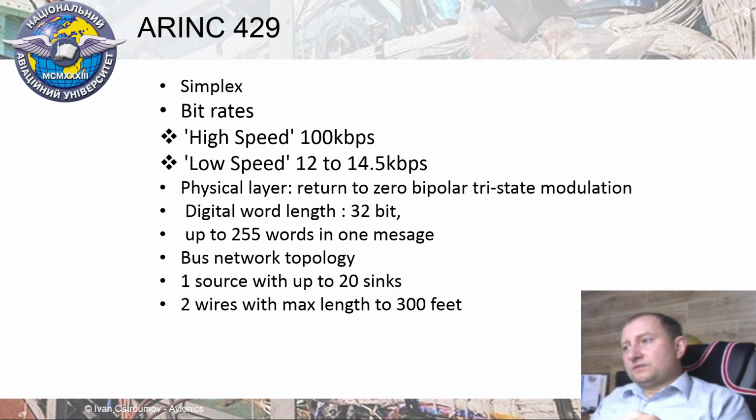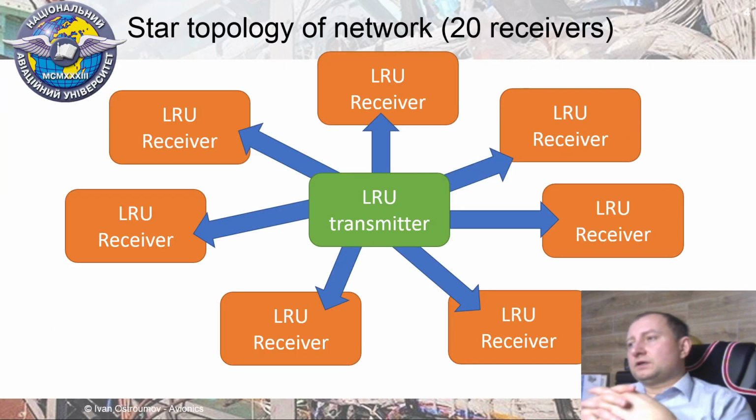At the physical level, it uses a two wire connection, which supports in normal operation up to 150 feet length of line, which can be increased up to 300 feet, which is enough for modern sizes on board of airplane.